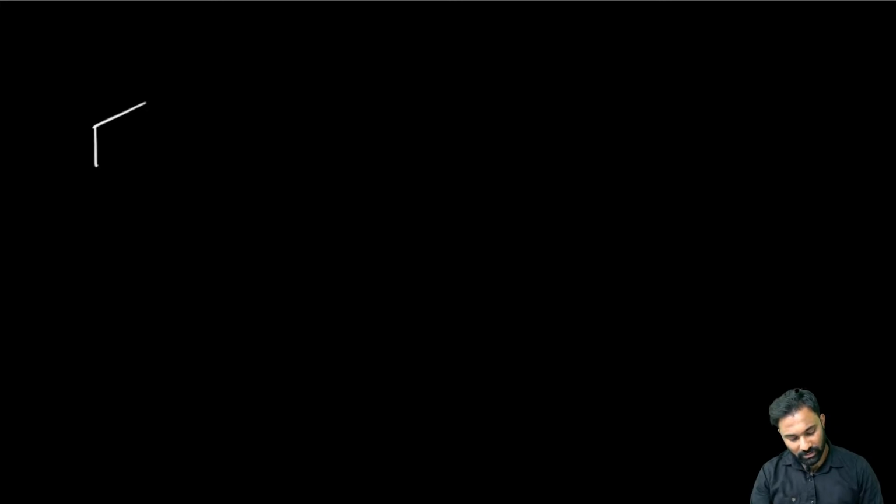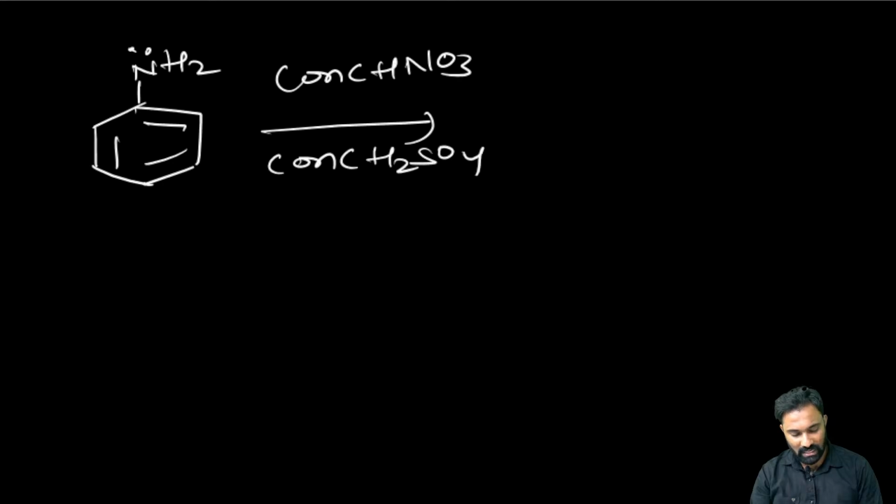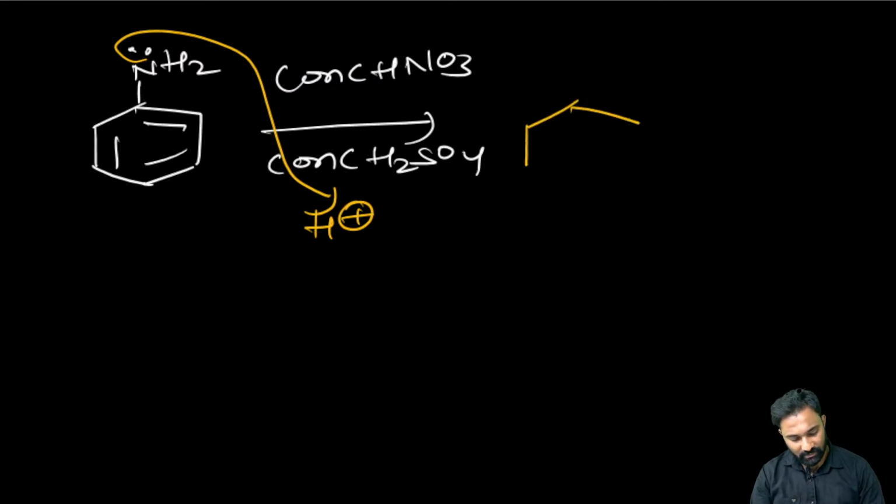Here, the nitrogen lone pair of electrons, due to the presence of concentrated HNO3 and concentrated H2SO4, these two being acids, very quickly generate protons in the solution. The nitrogen lone pair readily abstracts this acidic proton, and it becomes the anilinium ion.